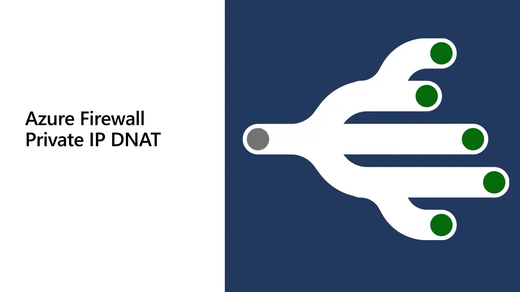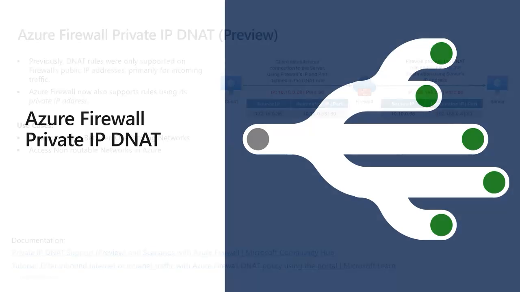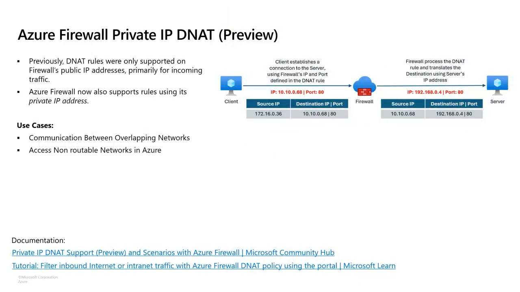Having taken a look at NAT and the supported NAT types within Azure Firewall, in this next section we're going to take a look at the support that Azure Firewall has for Private IP DNAT. To get us started, just to give a background of how this came about: previously, DNAT rules were only supported on the firewall's public IP addresses.